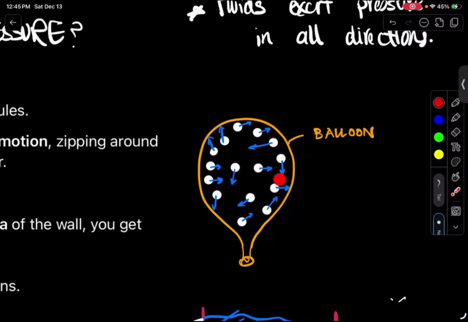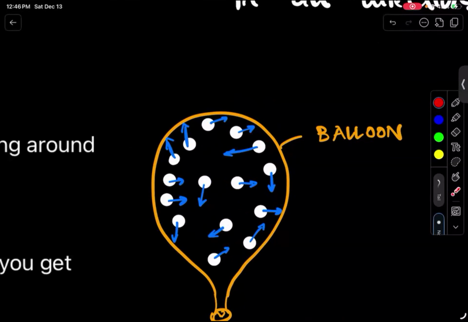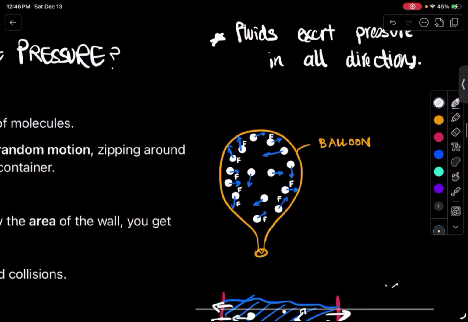They're pushing each other. They're pushing the walls of the balloon. And because they're pushing the walls of the balloon, that's why it expands, right? If they don't push on the walls of the balloon, then how is it going to expand? It is because the particles were applying a force onto the area of the balloon. That is the reason why they were exerting an overall pressure on the walls of the balloon, right?